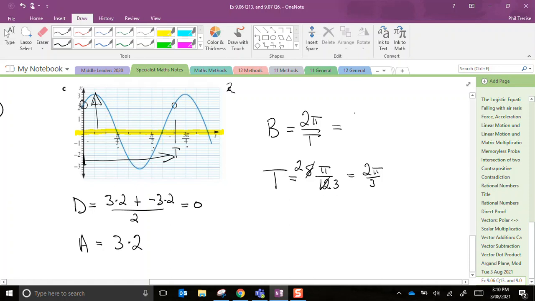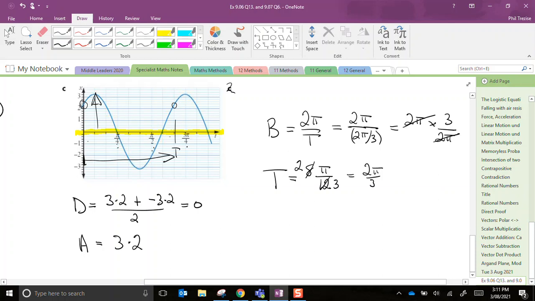So I've got to go 2 pi divided by, oh, sorry, wrote the wrong number then. 2 pi divided by 2 pi over 3. Well, that's 2 pi multiplied by the reciprocal.